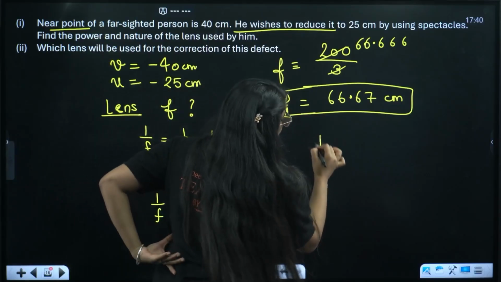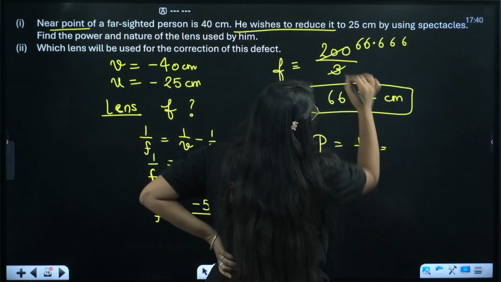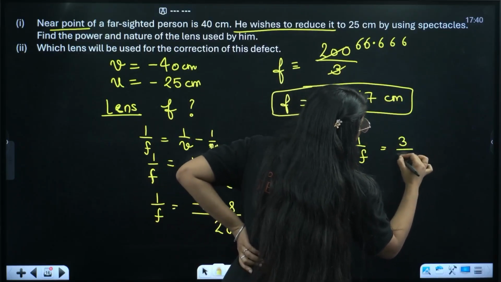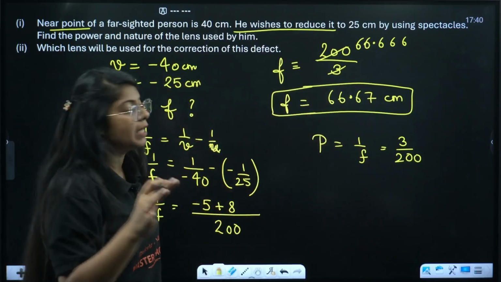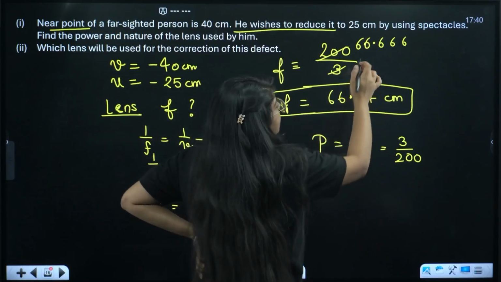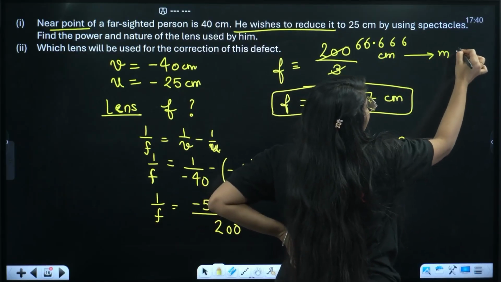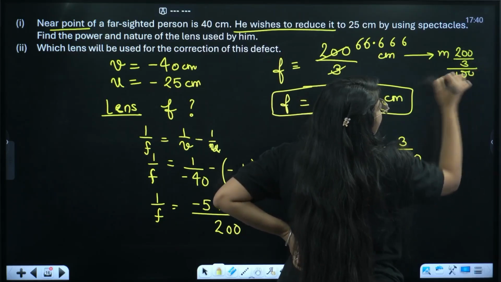So power will be 1 by focal length, right? So 1 by focal length, can I simply write 3 by 200? 3 by 200, but it is also divided by 100 as well. See, what happens, this is in centimeters. So to convert it in meters, I have to do 200 by 3 divided by 100, right?